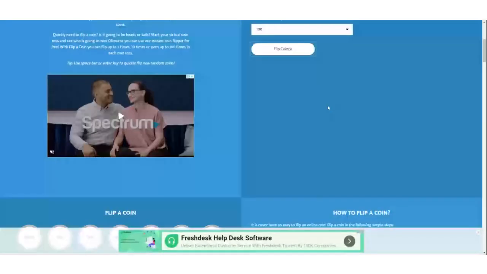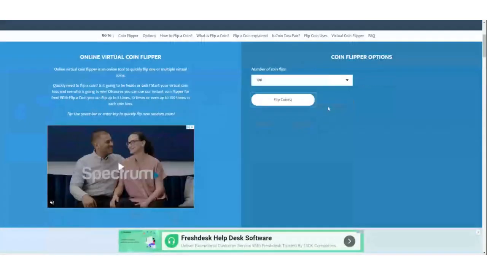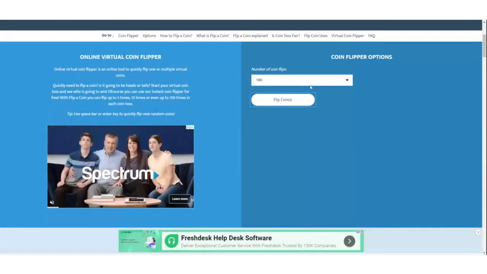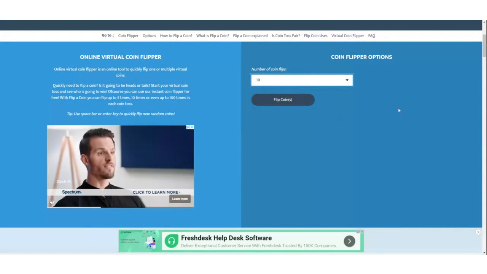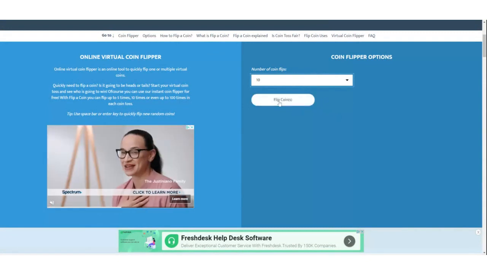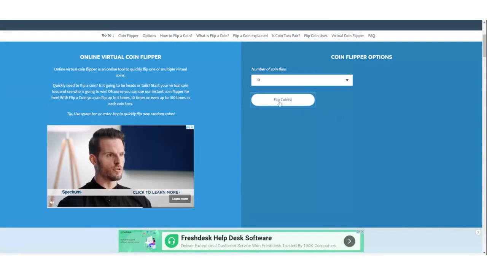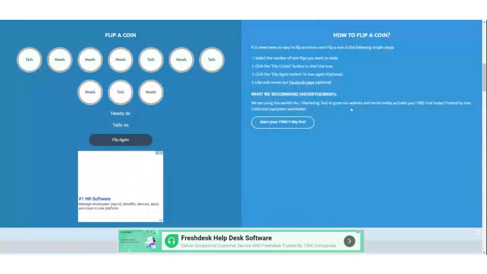All right, so this little thing, it's got ads in it, and you can pay for it and get it free, but I'm not going to do that. So what I'm going to do is say flip a coin 10 times. All right, and then they're going to show us the results. Now you can keep track of these.